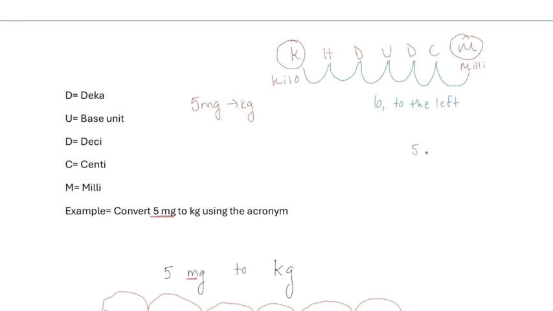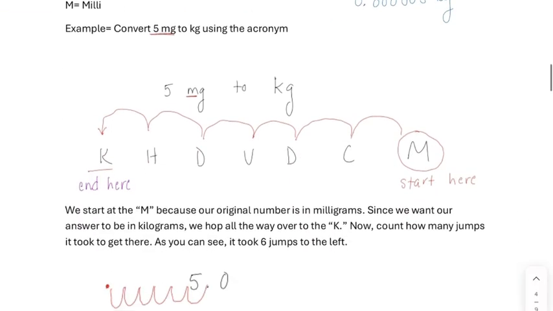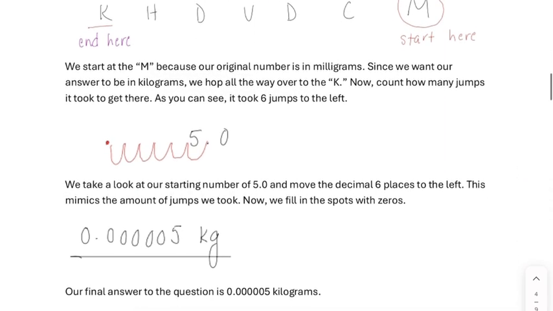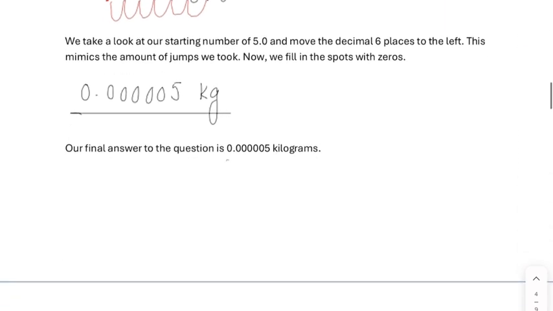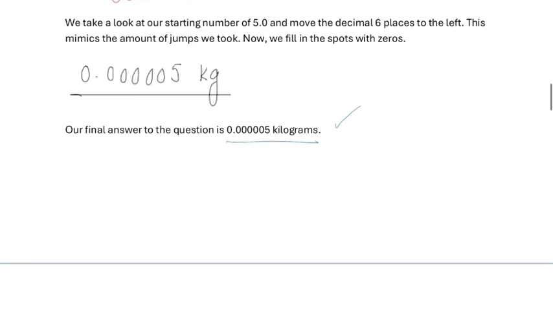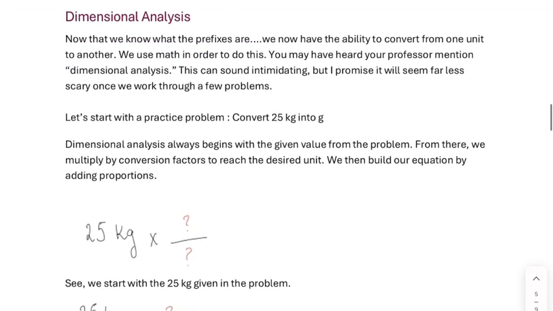So we'll drop the decimal by 5 and continue by replicating what we just did, jumping 6 times to the left, and then dropping the decimal down, putting zeros into all of the little jumps. So our final answer is 0.000005 kilograms. And you'll see here that that checks out, but this is just a pretty quick way to navigate simple conversions between prefixes.